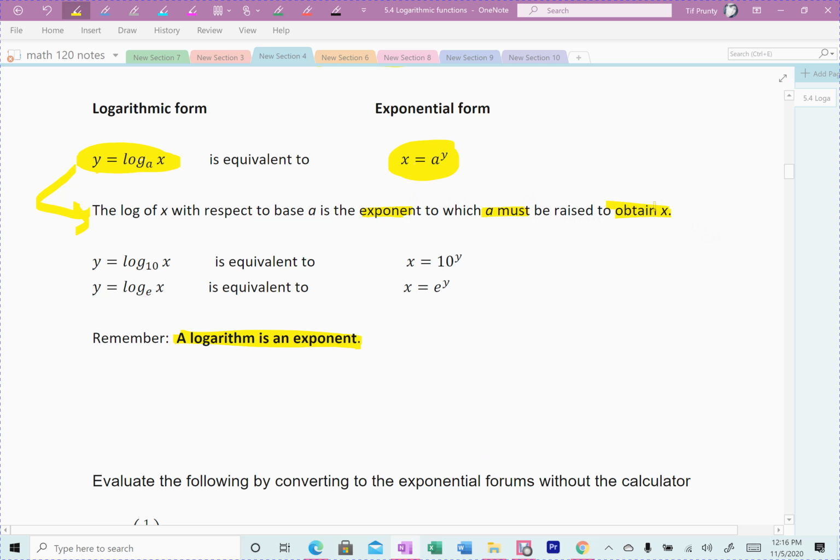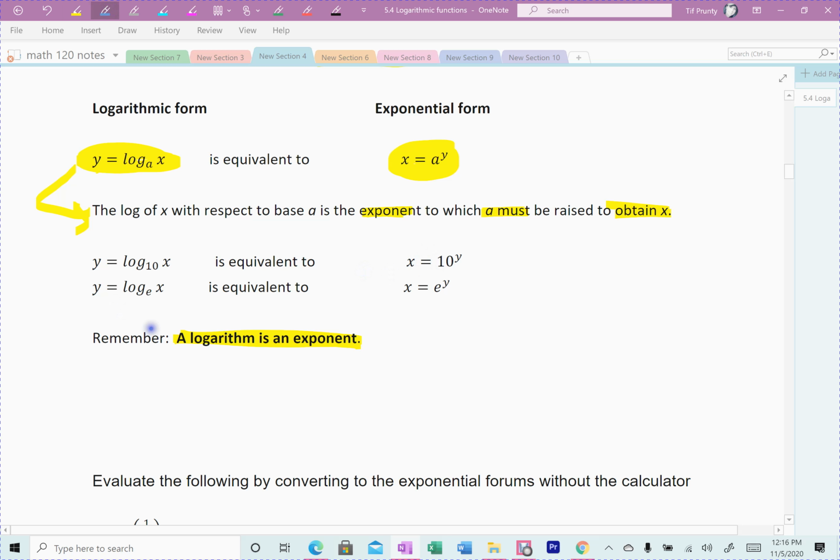A couple of common logs, and we'll talk more about these later. They show up on your calculator. The first is log base 10. Log base 10 of x is equivalent to 10 raised to the y equals x. So the y part is what exponent I put on 10 to get the x value.